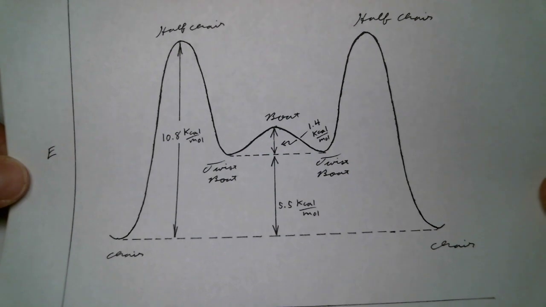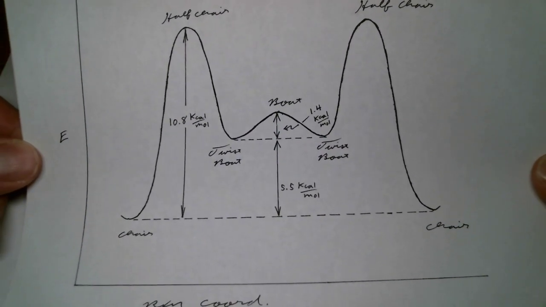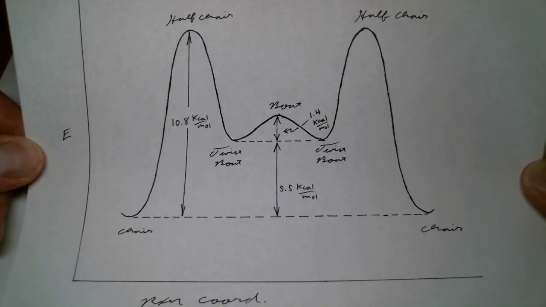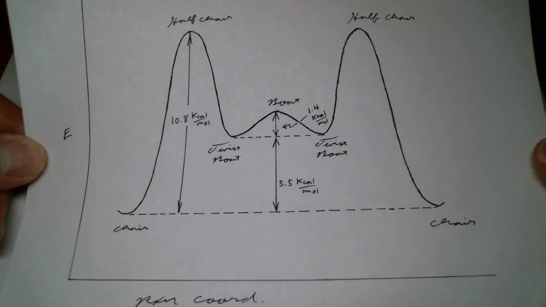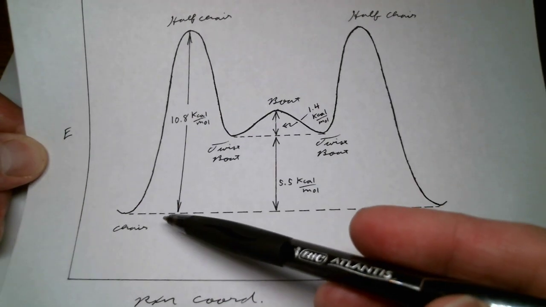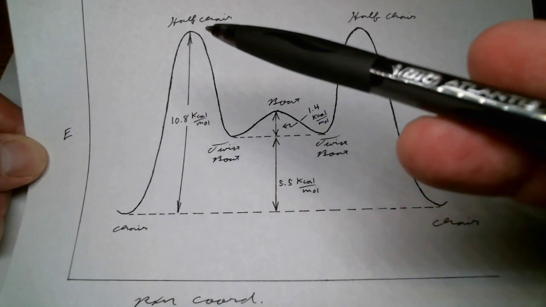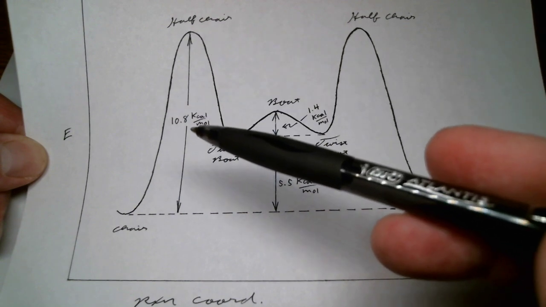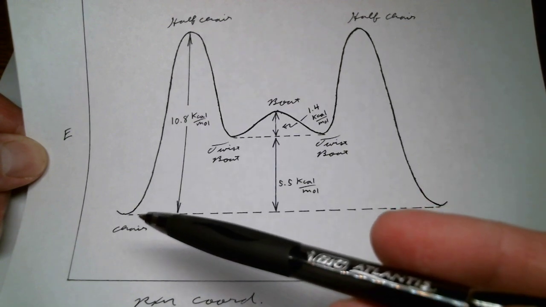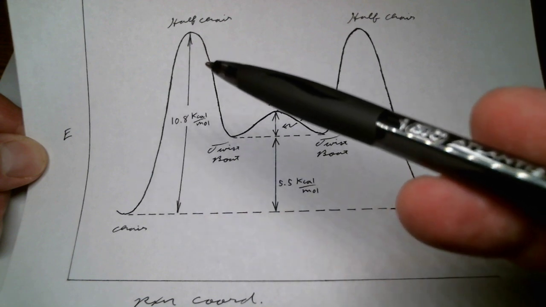So here we are with an energy versus reaction coordinate diagram. We start out at a chair. Going up to the half chair conformation, that's 10.8 kcals per mole higher than our chair conformation.